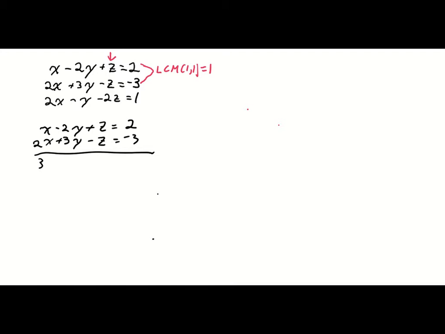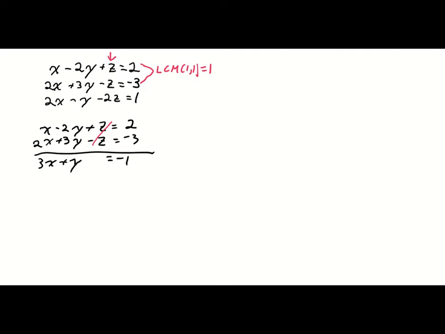So we have 3x plus y, the z's cancel, equals negative 1. We have one equation without a z.